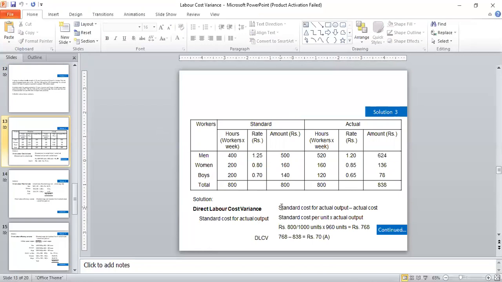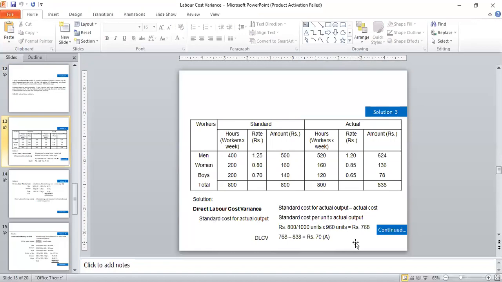Direct labor cost variance is equal to standard cost for actual output minus actual cost. Standard cost for actual output will be calculated as standard cost per unit into actual output. Means 800 rupees is the standard cost for 1000 units produced, multiplied by the actual output of 960 units.